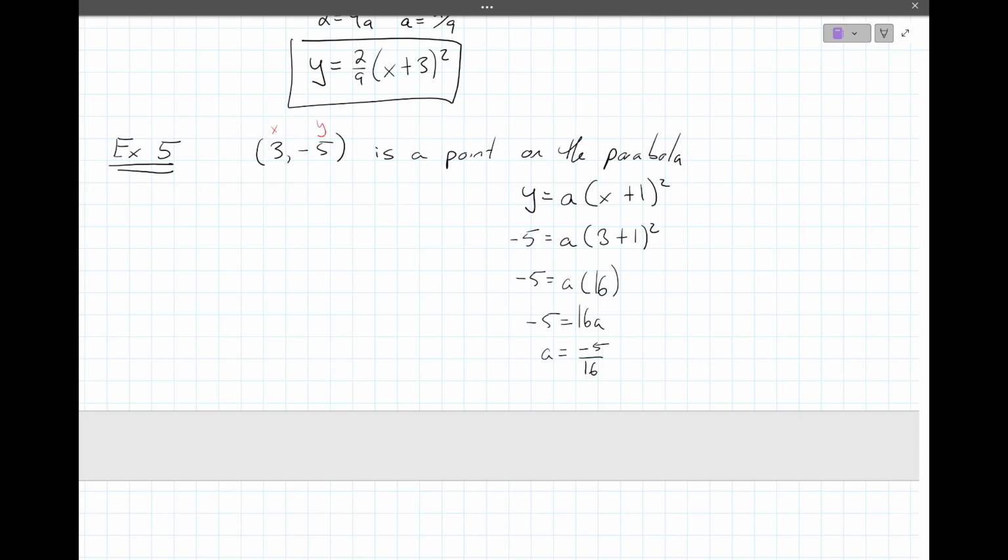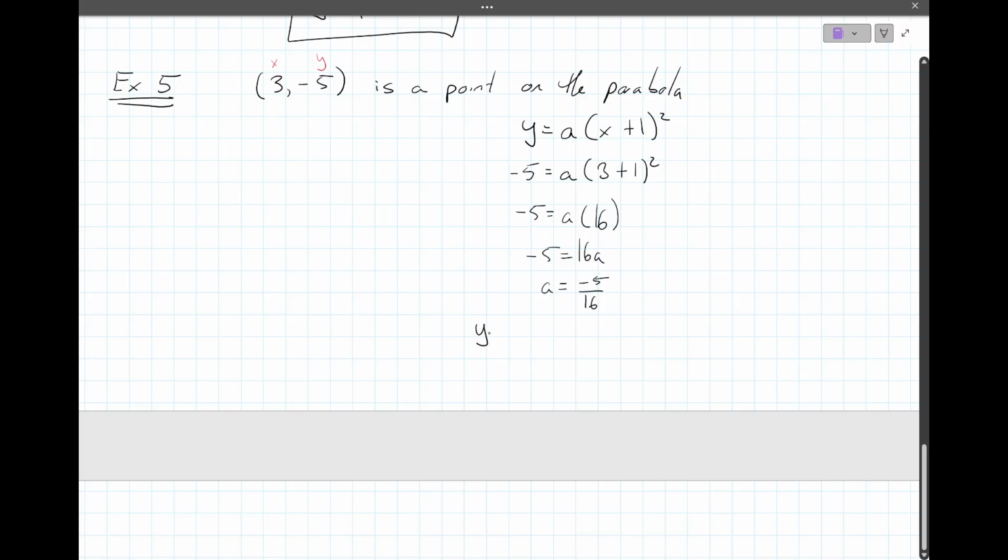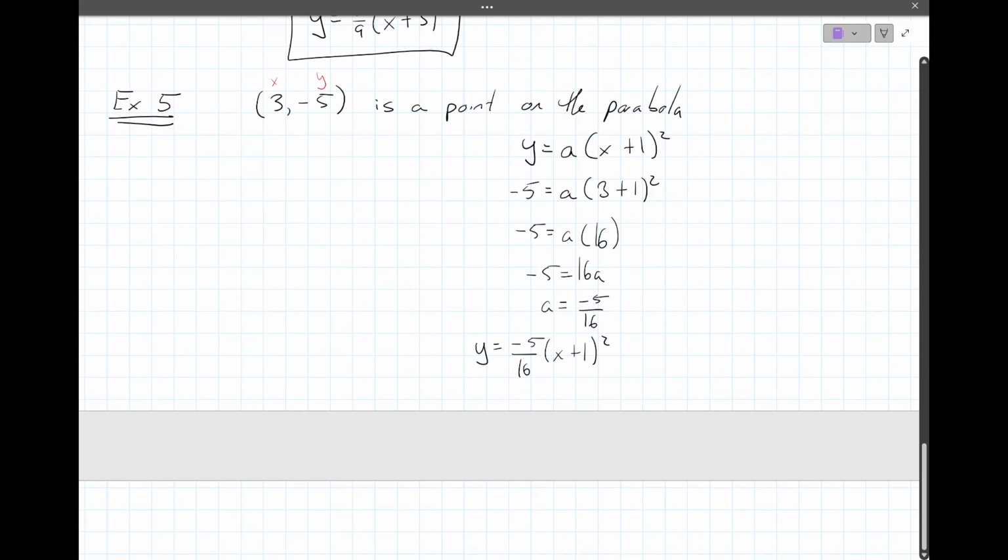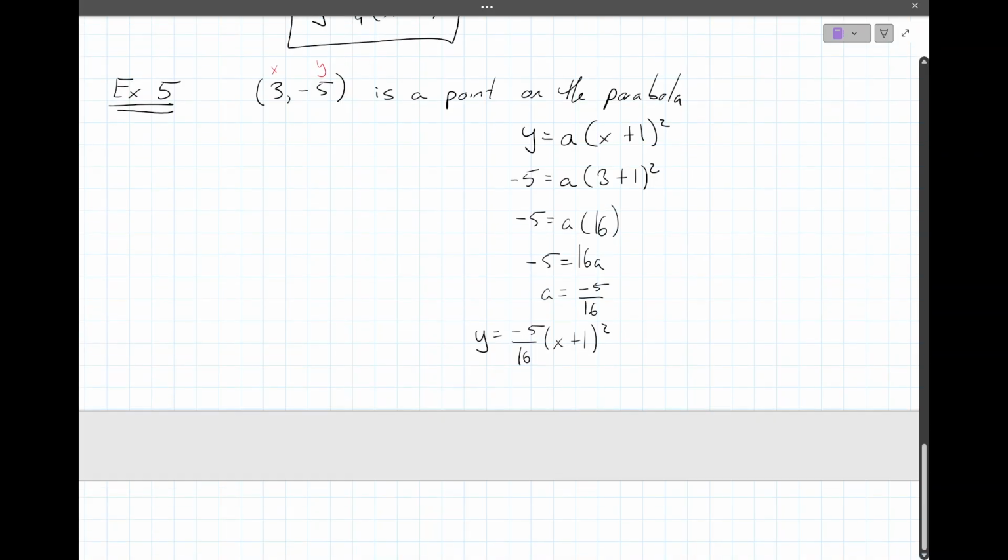Actually, thinking about this now, sure, we can find the a value, and we'll get another point here where y equals -5 over 16 times x plus 1 squared. But really, let's stop a moment and consider symmetry, right?